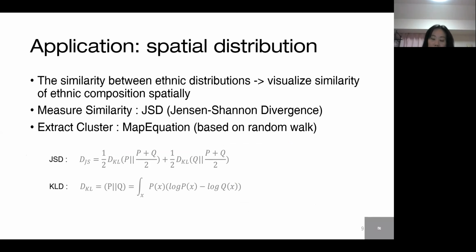In other words, we classified the regions that show similar ethnic composition. For this purpose, the similarity between the predicted distributions as a result of the classification was calculated with JSD. We used JSD as a weight to extract clusters of highly similar regions.